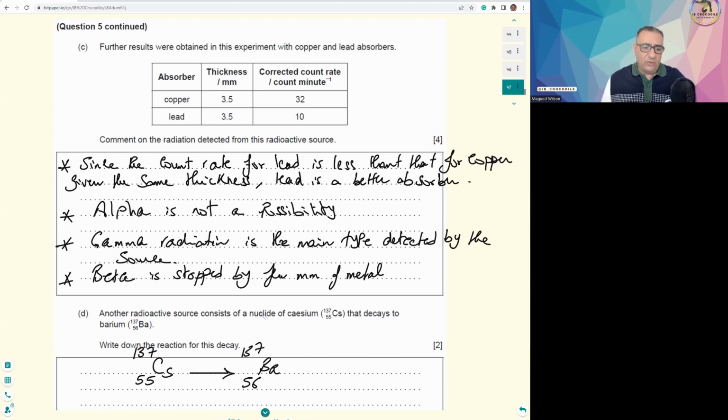So in order to write down this reaction, we need to understand what's going on here. The 137 is the nucleon number and did not change, which means it's not alpha, because alpha is a helium nucleus, 2 protons and 2 neutrons. If it was alpha, you would see a change in the nucleon number.